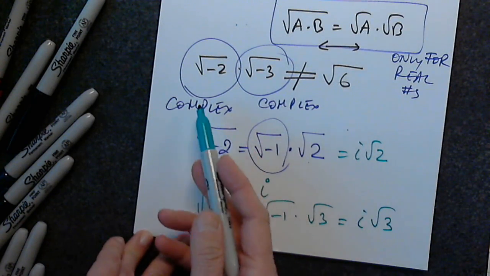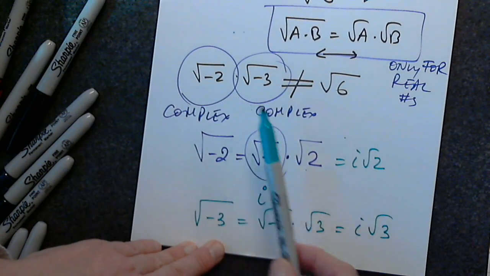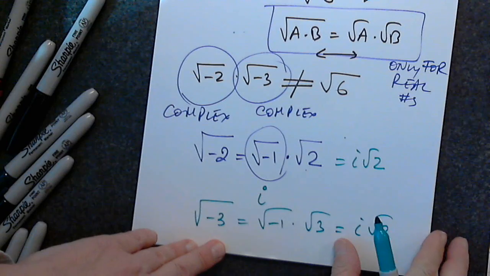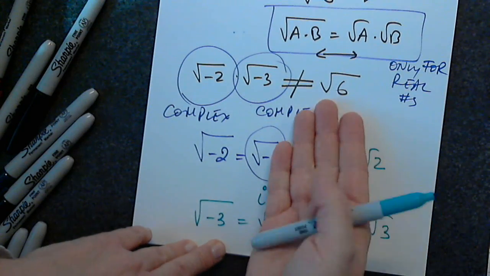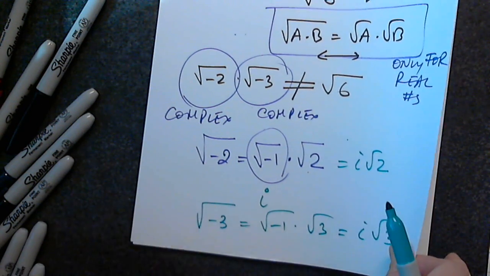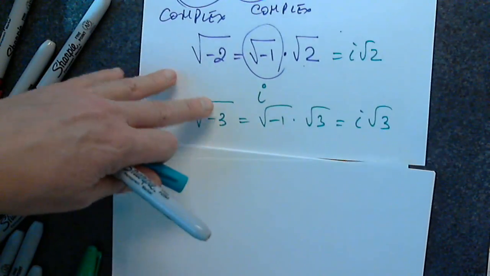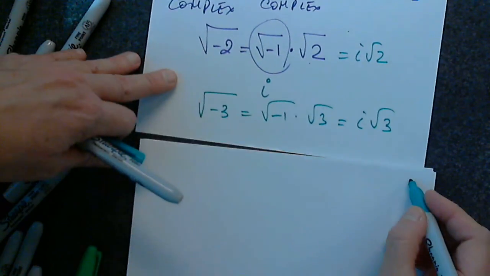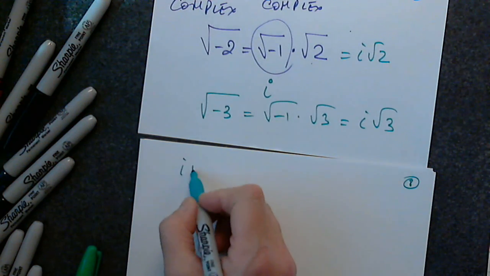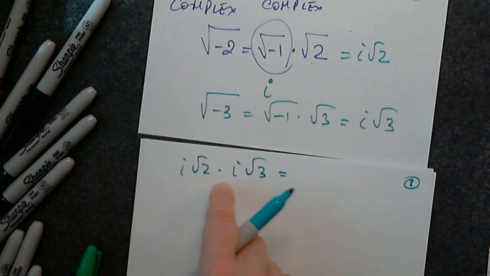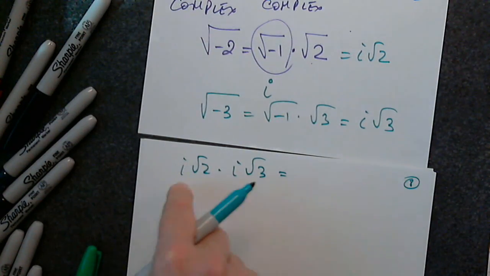So now I can go back and replace this expression by I, the square root of 2, and this expression by I, the square root of 3, and let's see what happens. And we can prove that that's not the square root of 6. So let's take a look. So I the square root of 2 times I the square root of 3. I have to multiply the i's together. I times I is what?